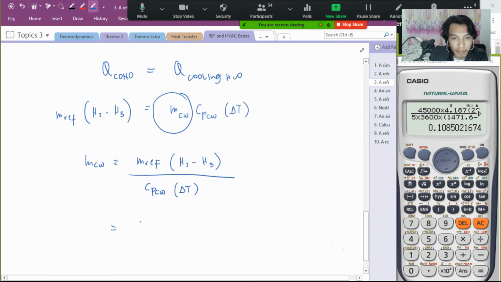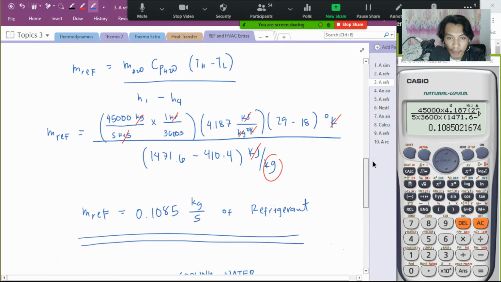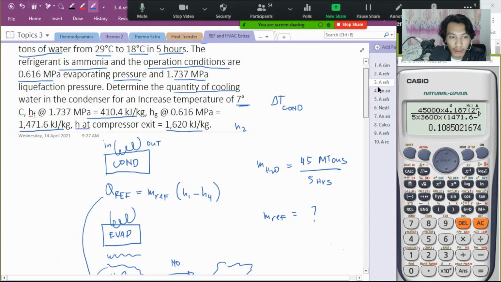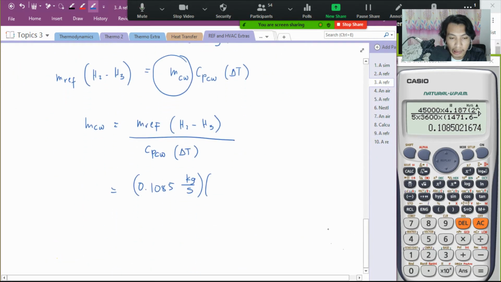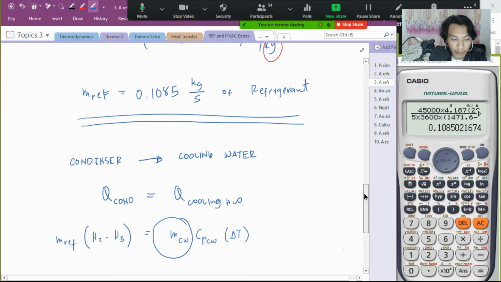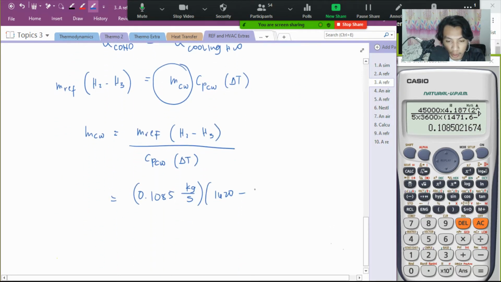So, mref 0.1085 kilogram in every second. Ano bang unit ang hinahanap dito? Per minute, okay? Nakalagay dun sa question. So, H2 outside the compressor 1620 minus pareho lang ng H4, that is 410.4, kilojoule per kilogram.